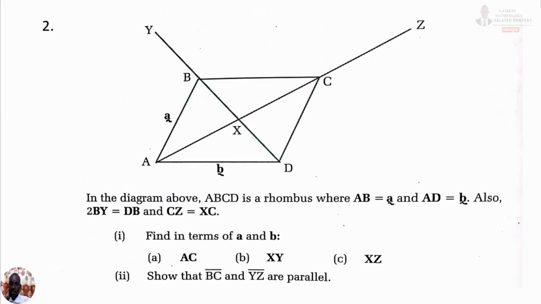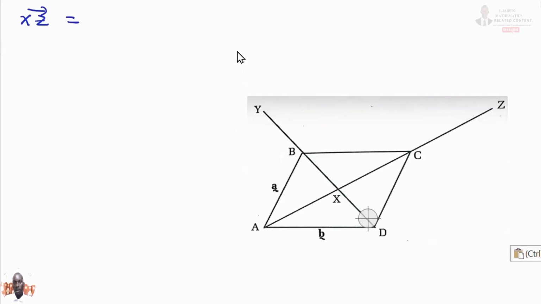We are now going to part C of Roman number 1. They want us to get vector XZ. So let us proceed. The vector XZ equals to, so still let me bring back the diagram. They want us to get vector XZ from here to there in this direction. That means we are going to add the vector XC plus vector CZ.